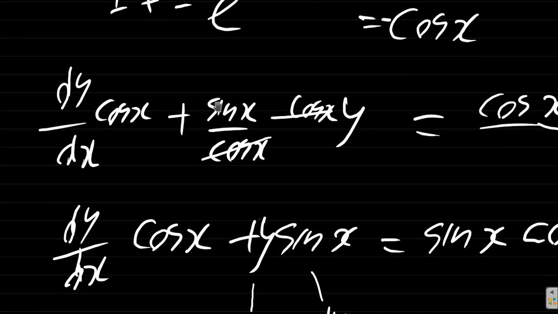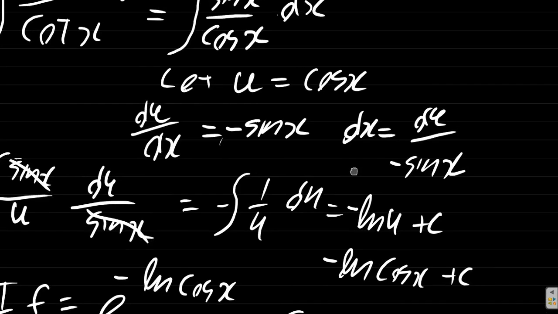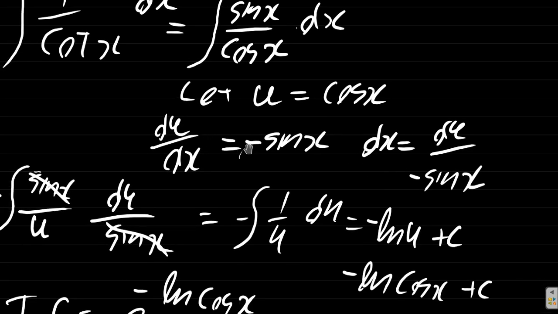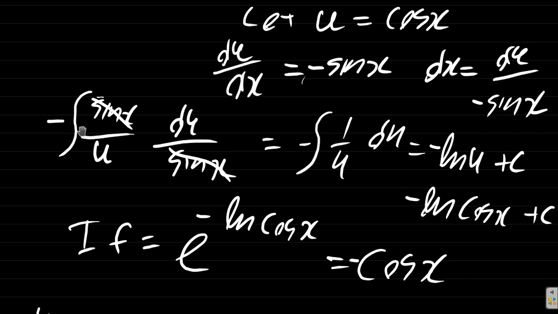Right? So this should have been a negative. Alright. So here my mistake was differentiating cos and getting sine. When you differentiate cos, you get negative sine. So differentiate, you get negative here. Dy dx is negative.